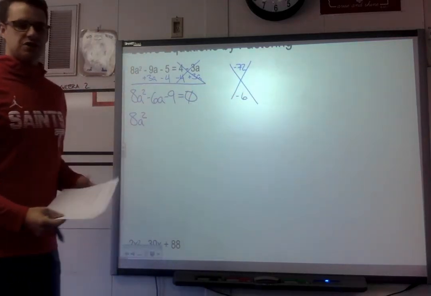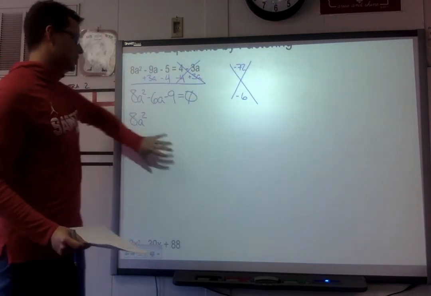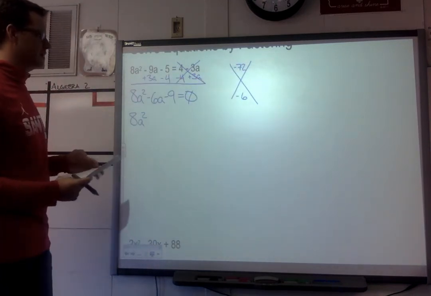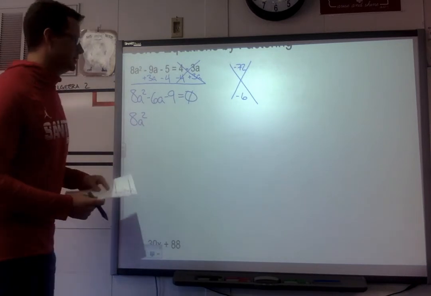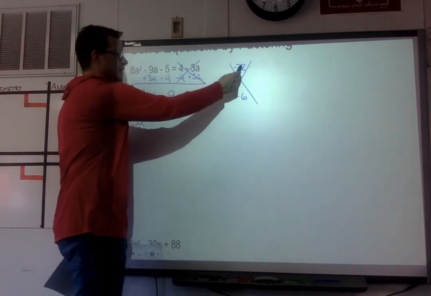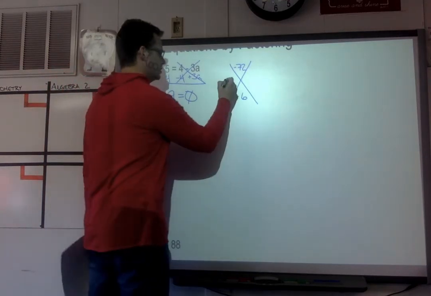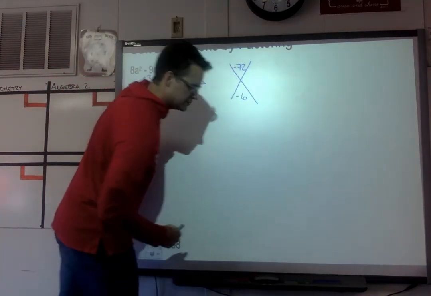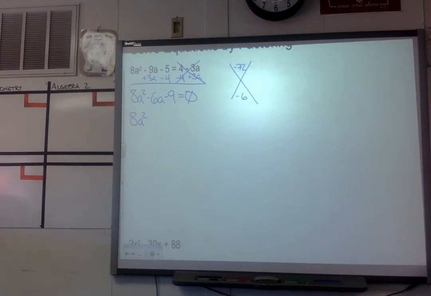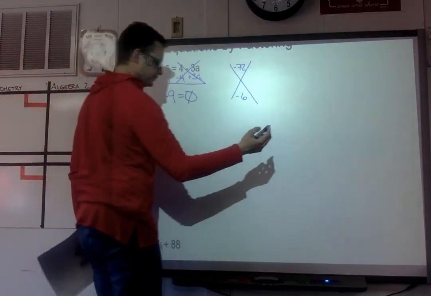So here I'm actually combining my x method and my grouping method. So those two numbers that I need to come up with need to multiply to -72 and add to -6. Those two numbers are going to be -12 and 6.